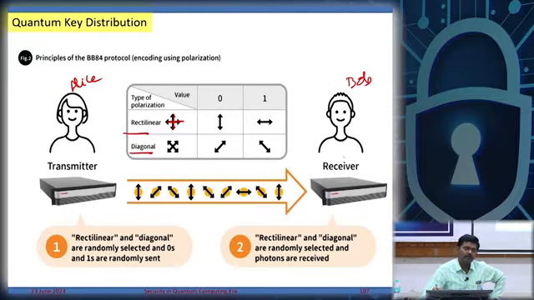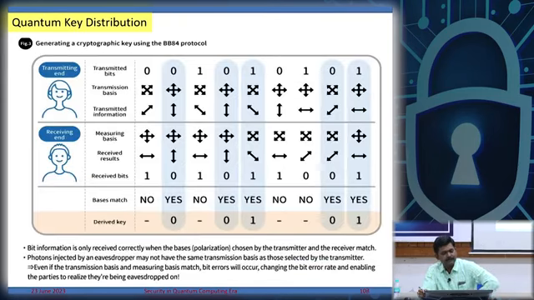At that time, Bob also will use his own basis. It could be again a rectilinear basis or a diagonal basis. Again, he uses it randomly. It's not that since Alice has sent a horizontal vertical basis, Bob is going to use the same horizontal vertical basis. He may use that because you don't know what basis Alice has used. Alice is using a random basis, Bob is also using a random basis. Now you see this. Okay, this is Alice and this is Bob.